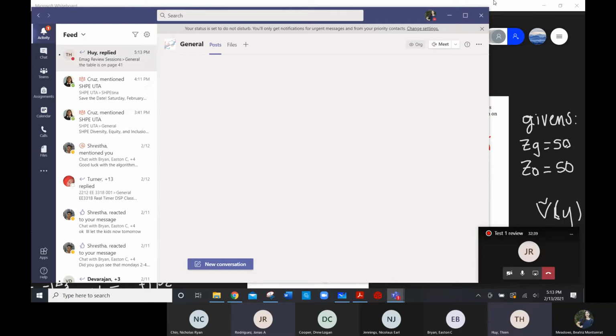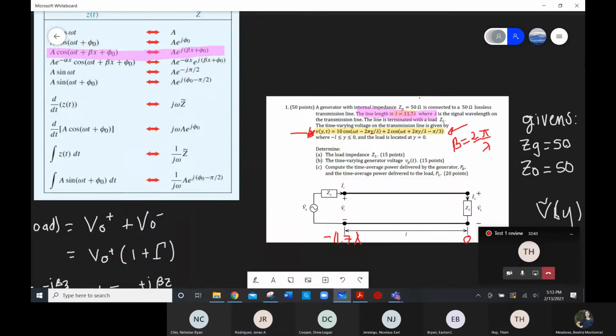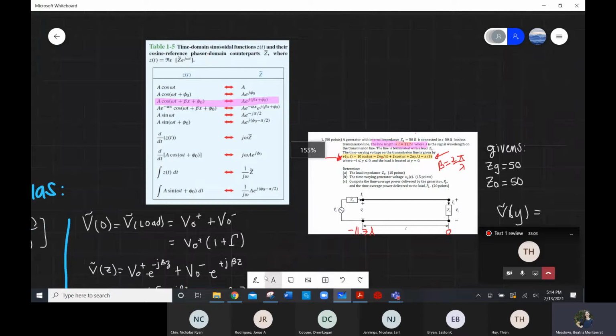So I have 10 times e to the negative j 2 pi y over lambda plus 2 times e to j times 2 pi y over lambda minus pi over 3. Yep, that's right. So let's write it up here.